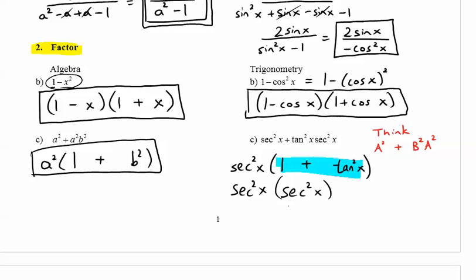And secant squared times secant squared is just like a squared times a squared is a to the power of 4. So secant squared times secant squared is secant to the power of 4.